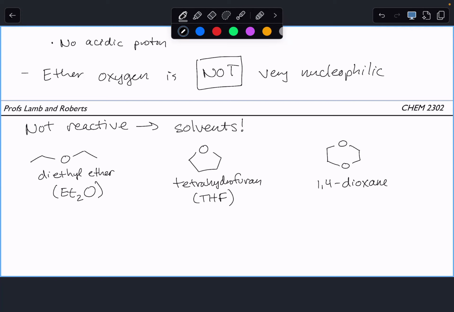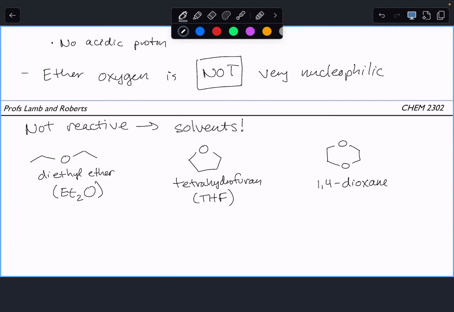So these are all really common solvents in organic chemistry, and they are ethers, which makes them good solvents because they're not very reactive. We generally do not want our solvent involved in the reaction. We just want it there to homogenize the solution, dissolve things up.